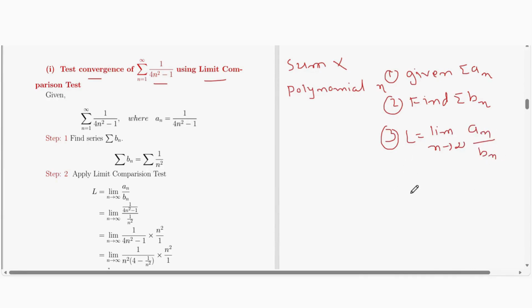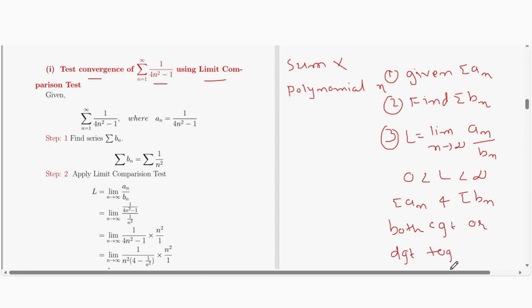If this limit value lies in the range 0 less than L less than infinity, or we can say L is some finite number except 0, then we conclude series An and series Bn both converge or both diverge together.